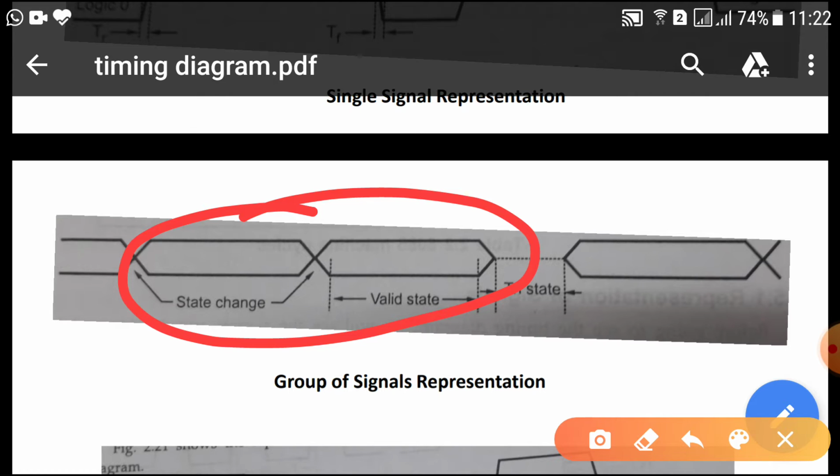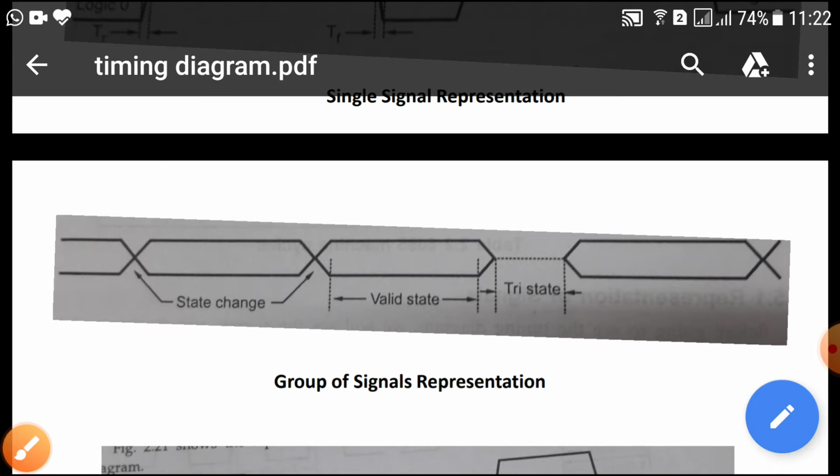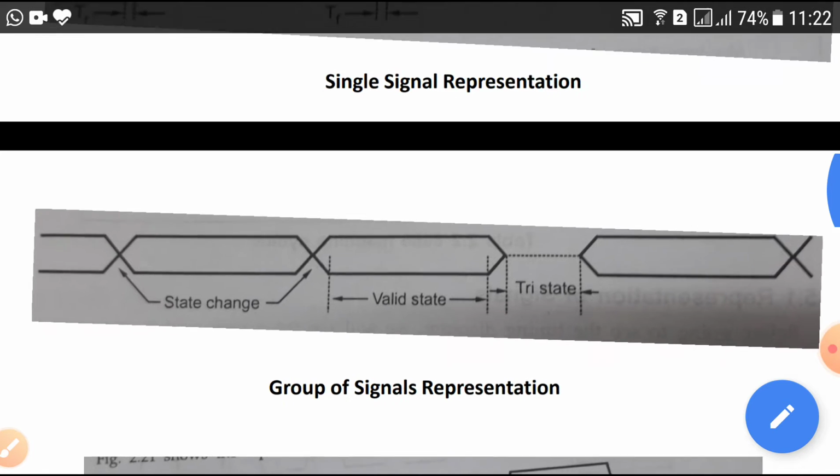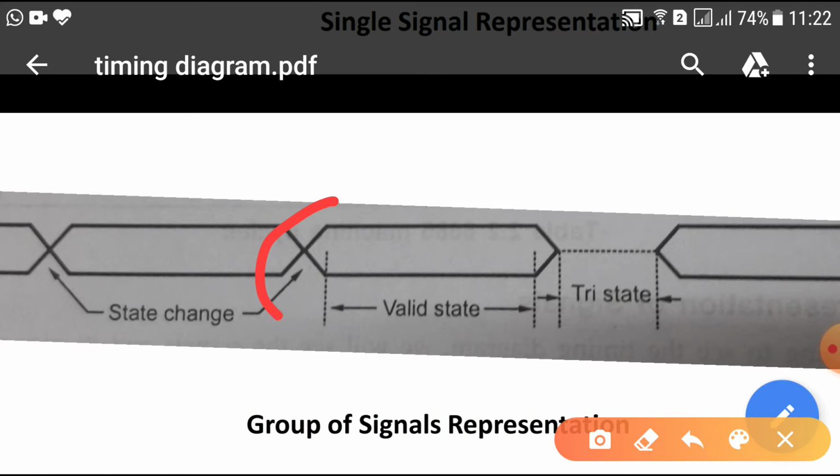In this group representation, the individual state is not considered, but the group state is considered, and a change in the state of a single line changes the state of the group. It is represented by a cross as shown in this diagram of the slide, and the tri-state condition of the group signal is shown by the dotted line.